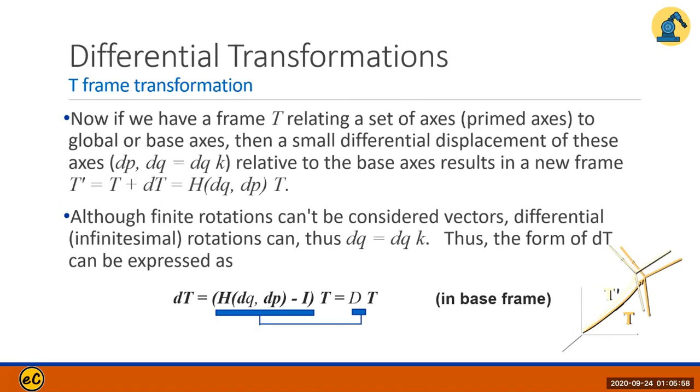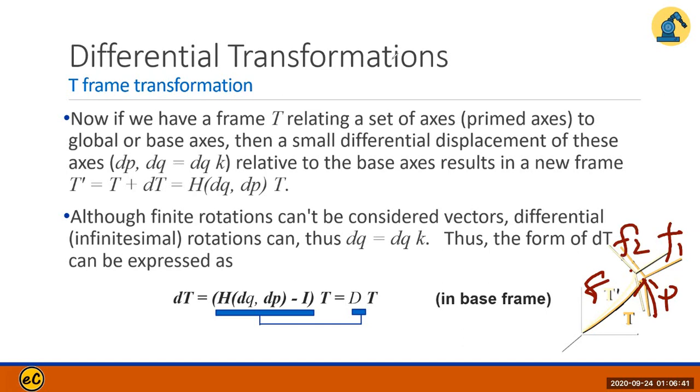Let's go back to the previous slides. Here you can see that T prime equals T plus dT, so dT equals T prime minus T, where T prime is the new frame orientation. You can basically use the dP and dQ, the original points P and Q, with respect to frame 1 and frame 2.